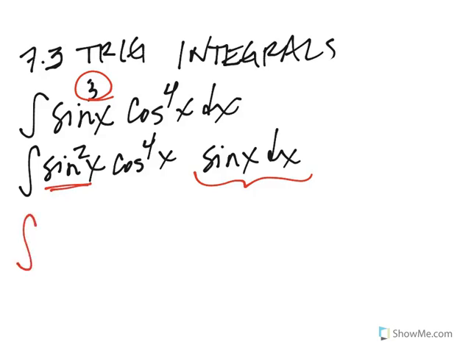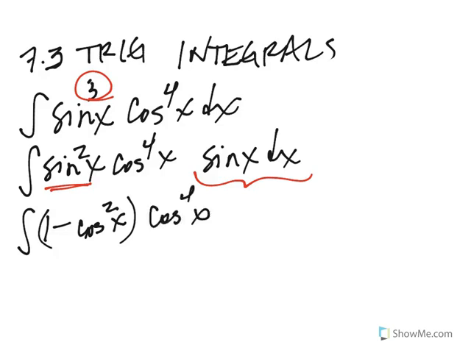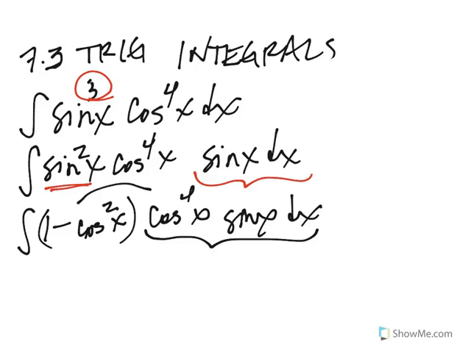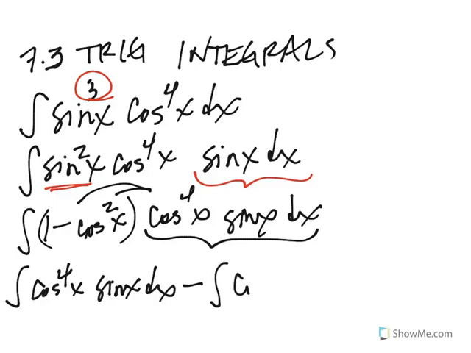However, if I use the Pythagorean identity, I can replace sines with cosines. So this really becomes 1 minus cosine squared of x times the cosine to the fourth of x times the sine of x dx. I'm now going to take this quantity here and distribute it over this difference, giving me the integral of the cosine to the fourth of x times the sine of x dx minus the integral of the cosine to the sixth of x times the sine of x dx.